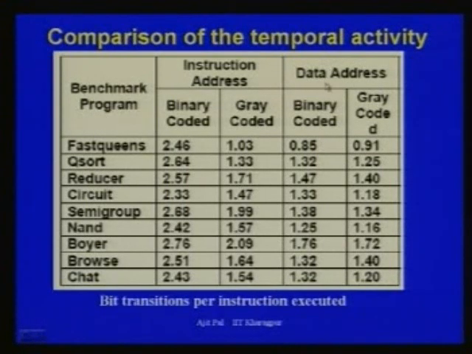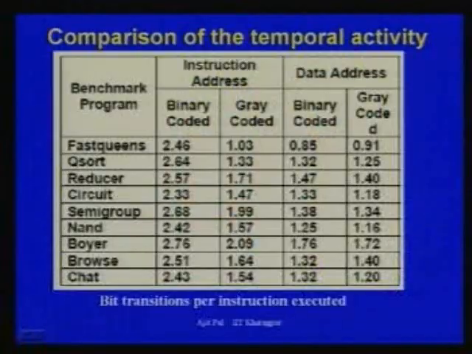But in case of data, there is no correlation. Data is random in nature. In such a case, this gray coding will not give you any benefit, which is very clear from the same experiment performed on the data bus.